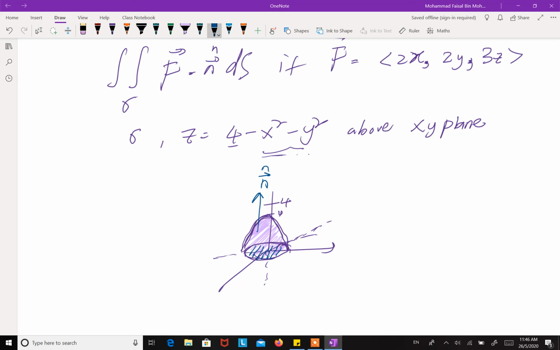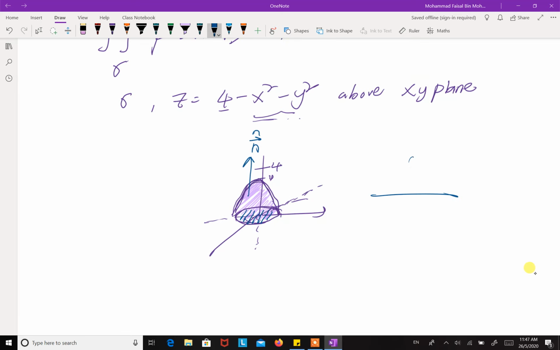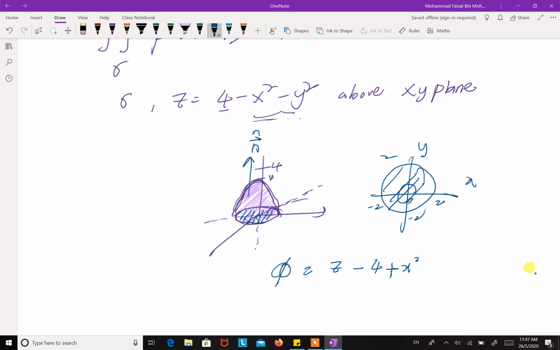Okay. So the shadow of the surface will be on the xy plane. So I have radius 2, then the angle 0 to 2 pi. So you have to find the phi. The phi is z minus 4 plus x squared plus y squared.